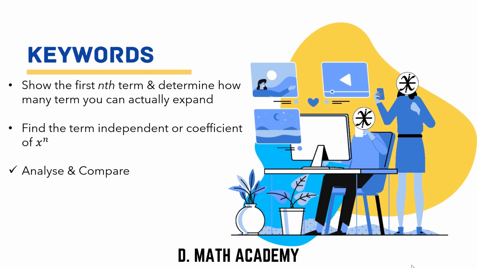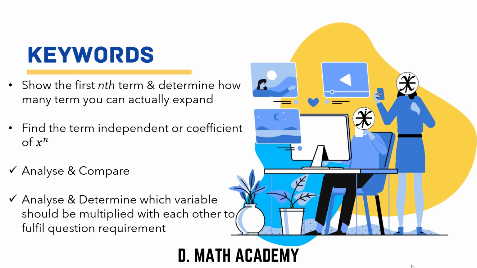You also need to determine which variables should be multiplied together to fulfill the question requirement, identifying the independent term and identifying the coefficient of x to the power of n. It might look a little bit vague now, so let's go through the questions so that you can understand this topic better.